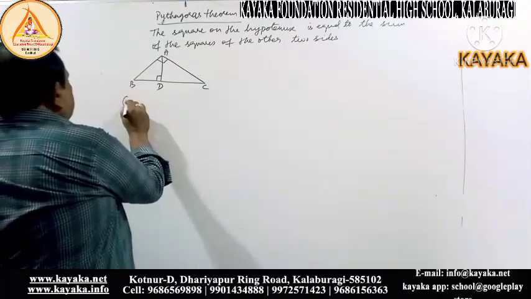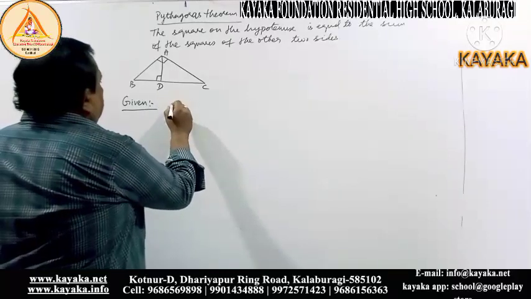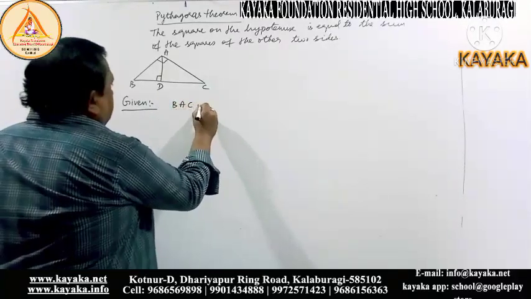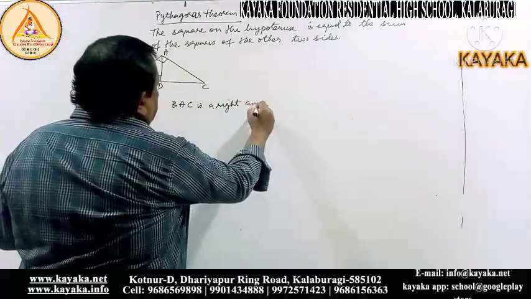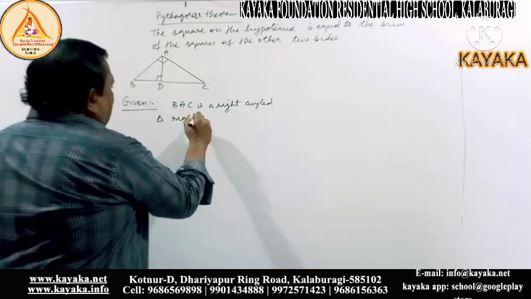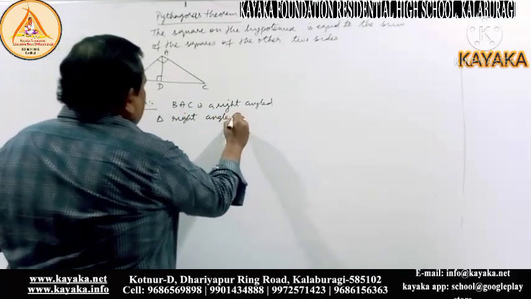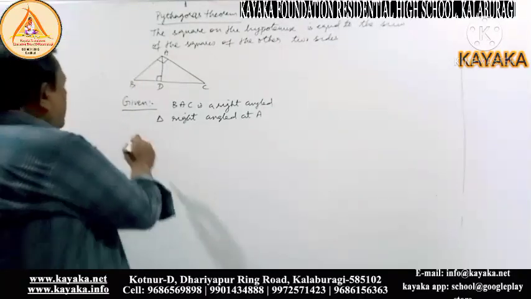Okay. Given BAC is a right angle triangle, right angle at A. Okay. Now what you have to prove?